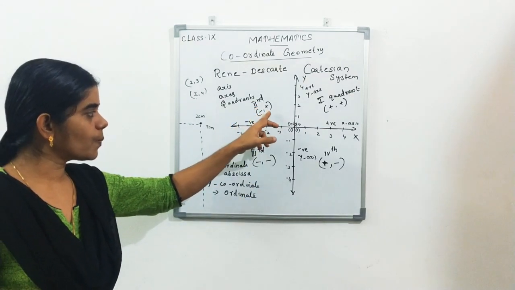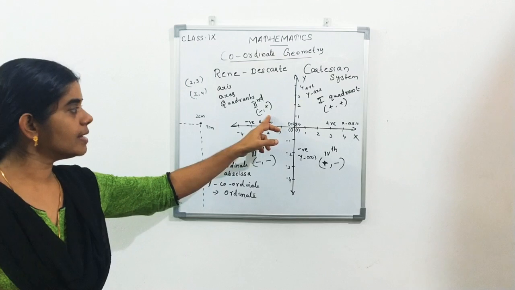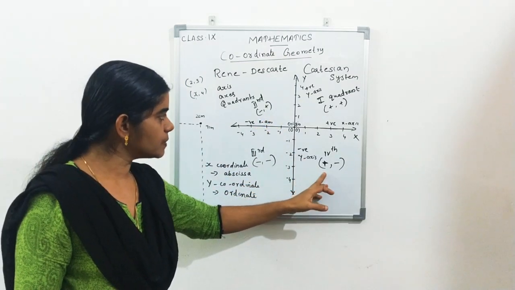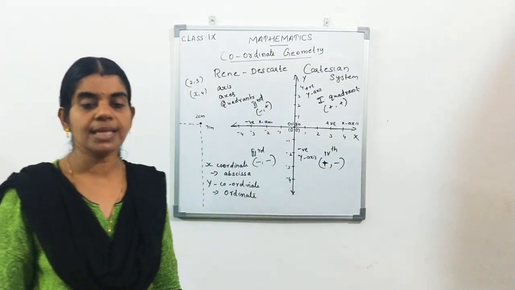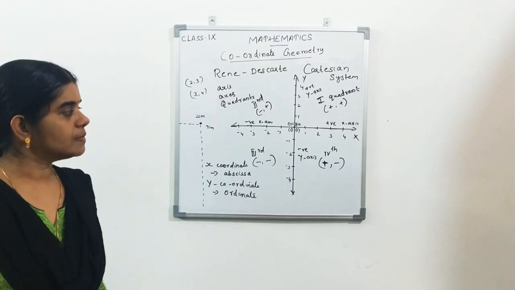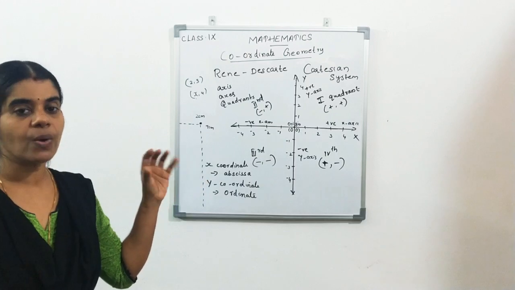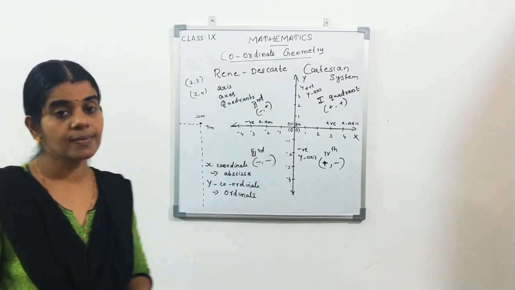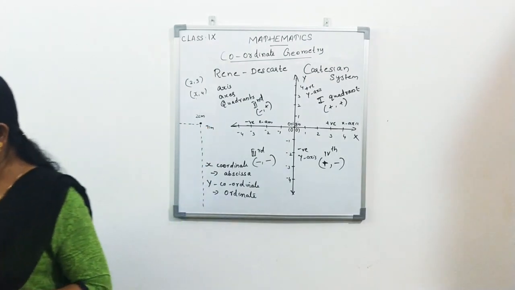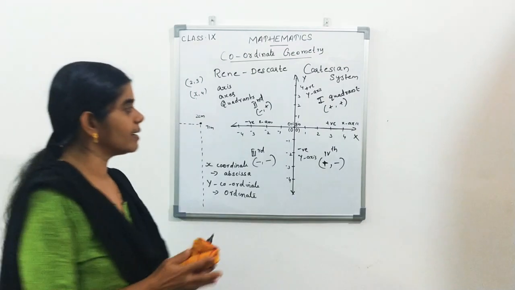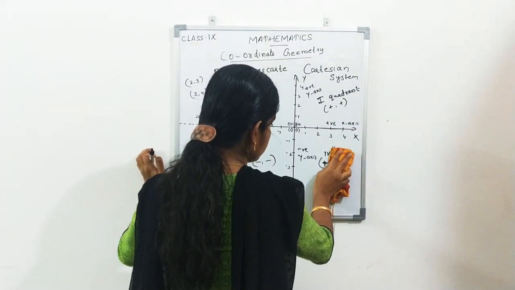X negative, y positive will be in the second quadrant. X positive, y negative will be in the fourth quadrant. Therefore, these are the quadrant divisions and the signs of the x and y coordinates. Next, we can study how we can locate positions.